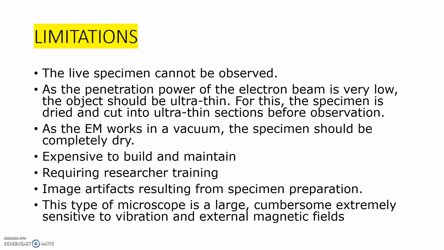Then it is very expensive to maintain and also to build, and it is mainly used by research training. Image artifacts may occur as a result of specimen preparation. And this type of microscope is very large, cumbersome, and extremely sensitive to vibrations and external magnetic fields because it consists of magnetic lenses.